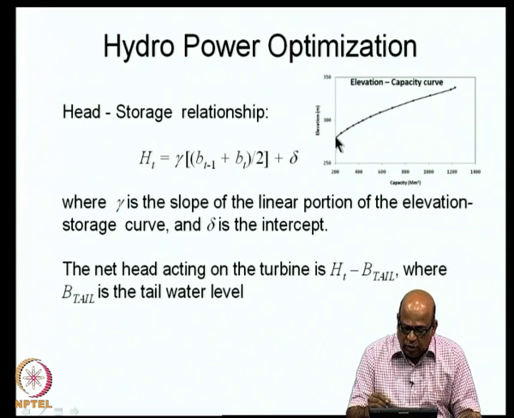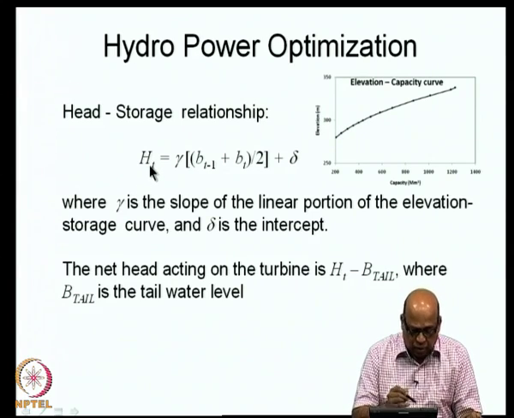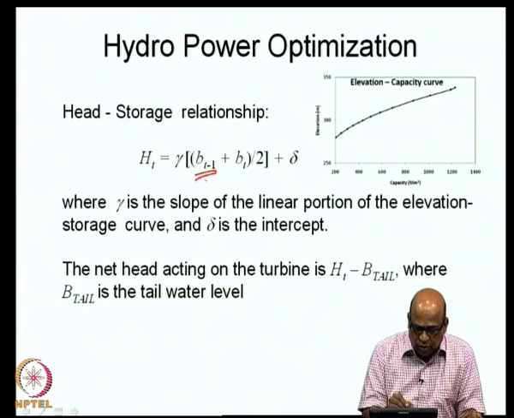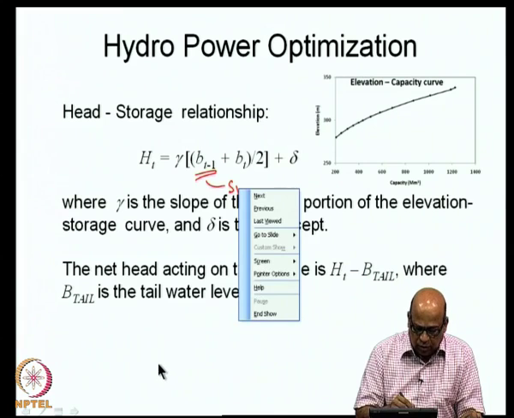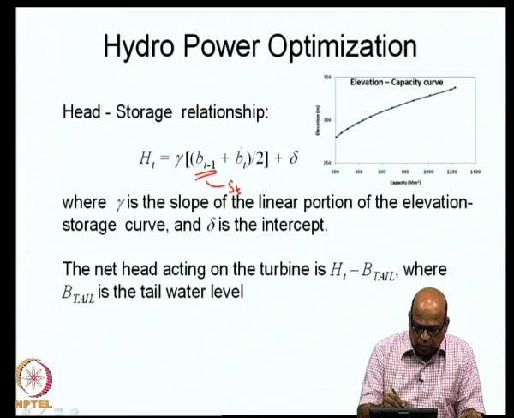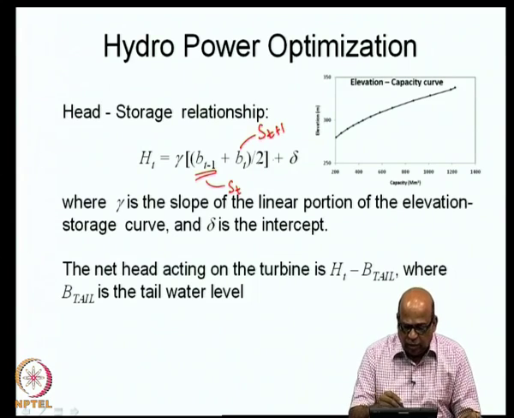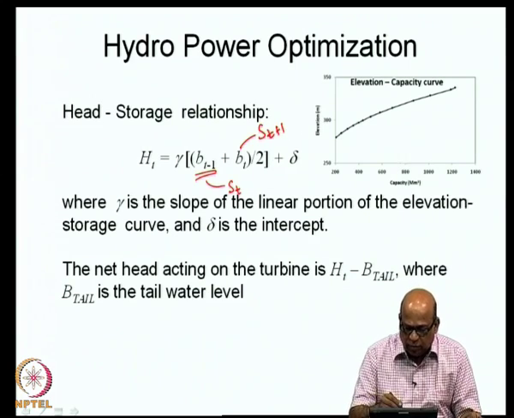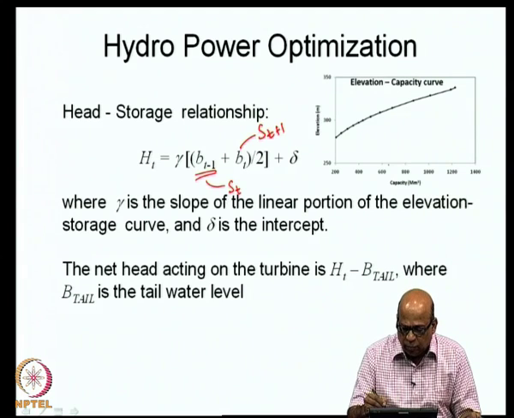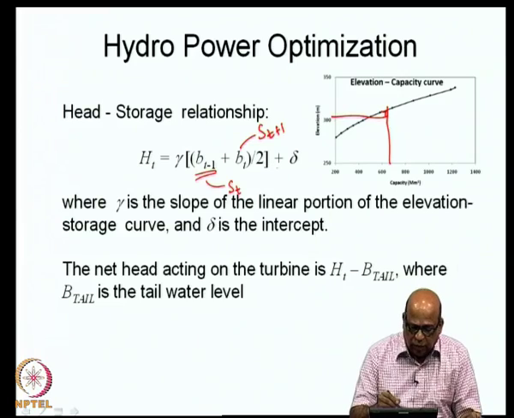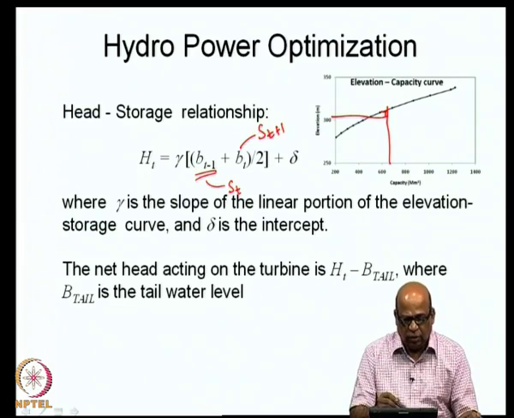We use a linear approximation for this curve and write H t as a linear function of the storages. Remember, B t minus 1 is nothing but S t and B t is nothing but S t plus 1. So, we take S t and S t plus 1, come to this level, S t plus 1 by 2 in fact, come to this level and then read the capacity. Now, that we are going to approximate by a linear relationship.